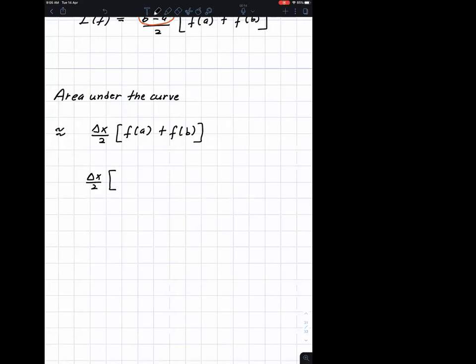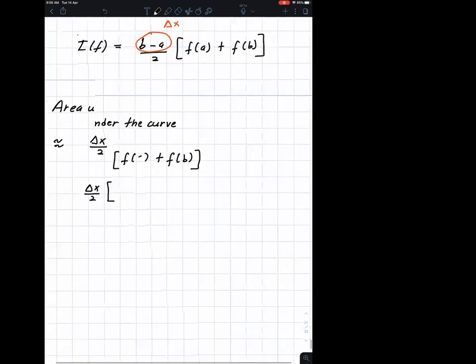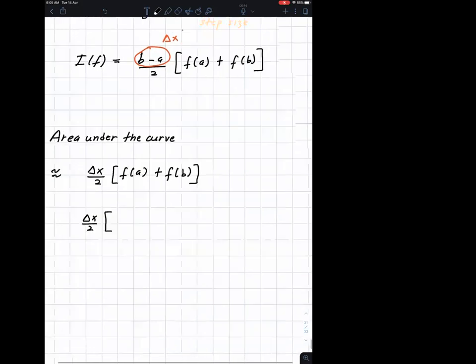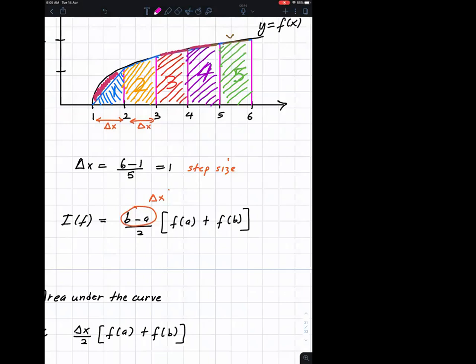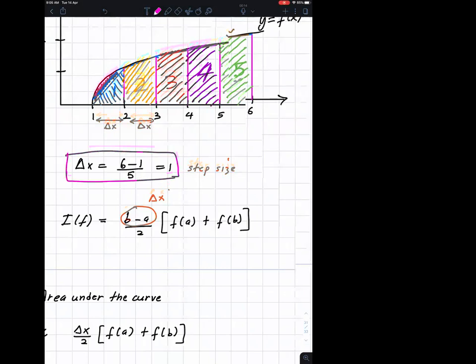In this case, let's calculate the delta x. Delta x was calculated to be 1, right? Delta x is 1. But for now, just leave it as delta x.